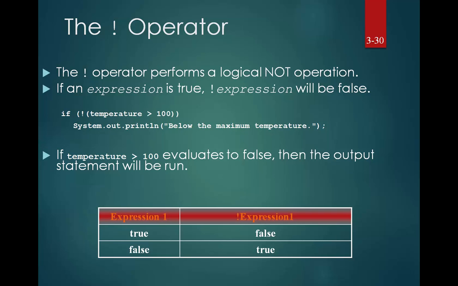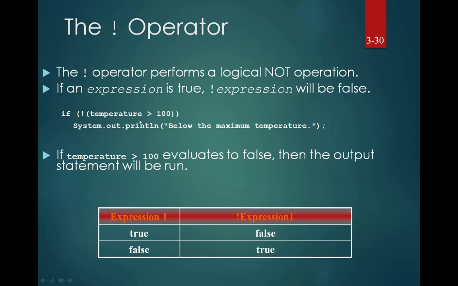NOT is very simple. It just negates the value. Okay? It allows you to reverse a condition for the purposes of making your if statement work correctly. So, for example, if your conditional is checking whether the temperature is over 100, okay, then if you say, is temperature over 100?